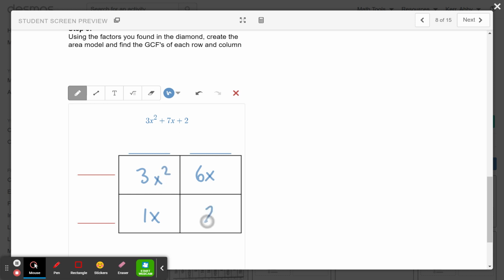Your last term is now a +2. So if you go back to slide number 6, GCF is 3. Don't forget the x. GCF is 1. This GCF is just 1x, and then this is a +3 right here.